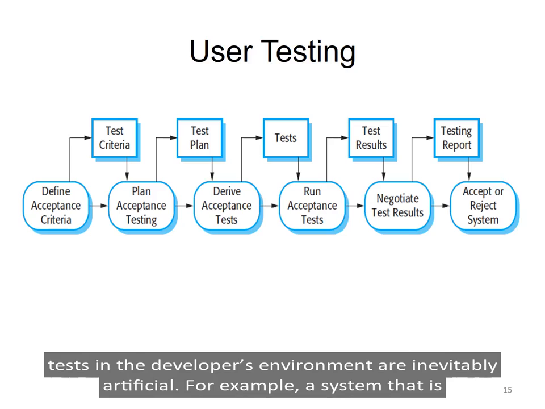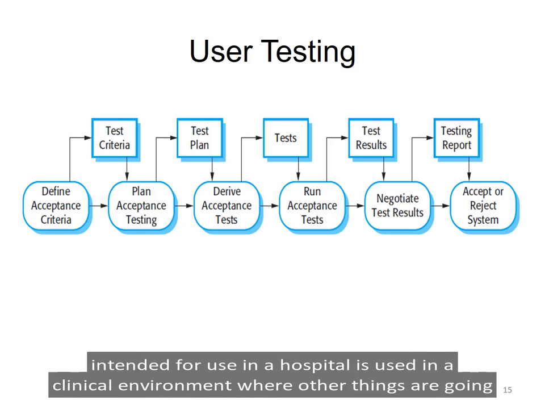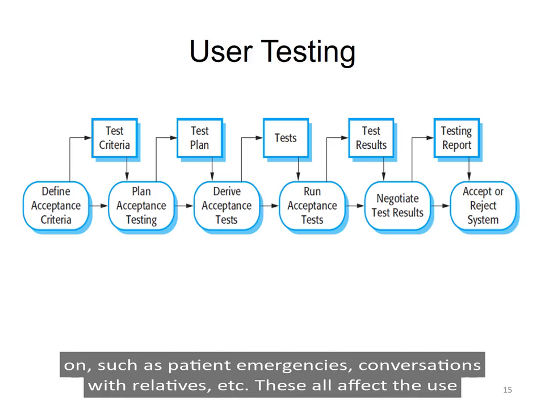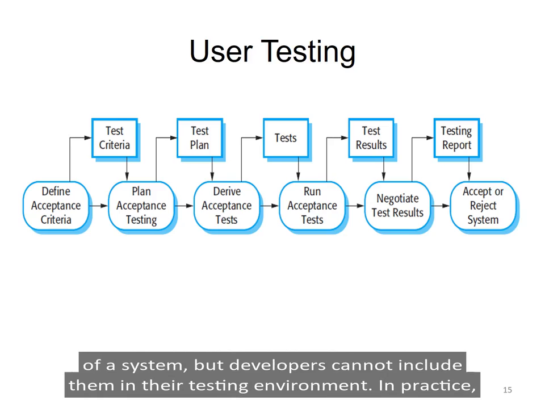For example, a system that is intended for use in a hospital is used in a clinical environment where other things are going on, such as patient emergencies, conversations with relatives, etc. These all affect the use of a system, but developers cannot include them in their testing environment.